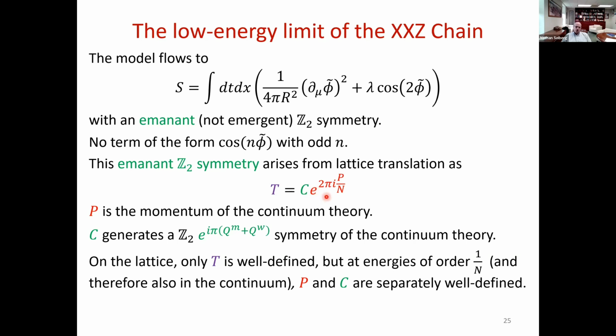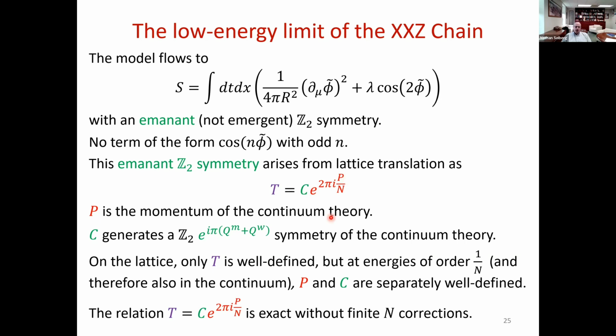And therefore, the low energy observer has well-defined C and well-defined momentum. And again, as before, this relation between the UV and the IR is exact because putting here higher order corrections in 1 over n, which is typically the case when we relate UV to IR quantities, such relations cannot be present because they would mess up the equation that T to the n, T to the number of sites, should be 1.